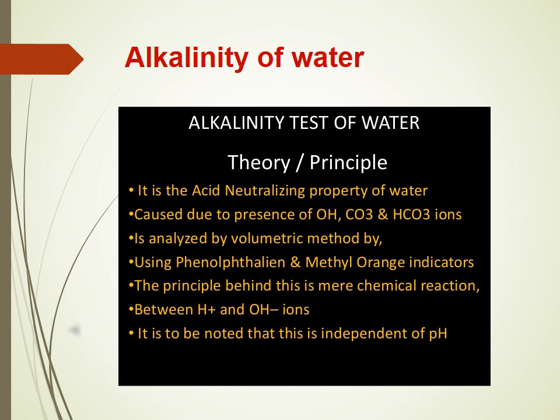As we discussed in the previous topic of pH of water, the alkalinity of water is due to an increase in the concentration of OH minus ions. So the alkalinity of water means the total content of those substances in water that cause an increase in the concentration of OH minus ions upon dissociation or due to hydrolysis.